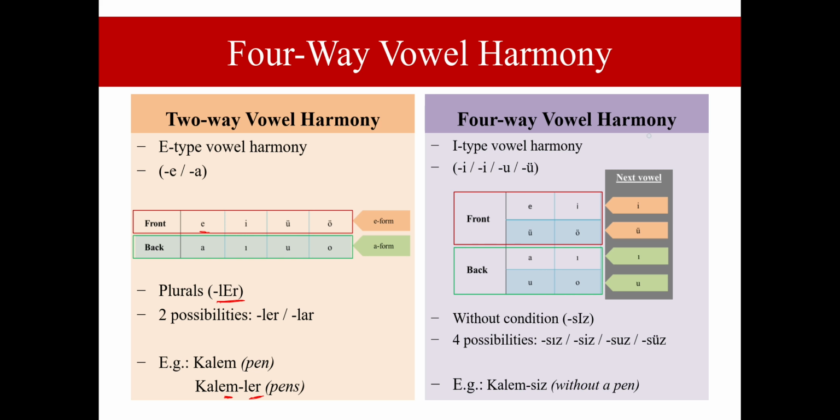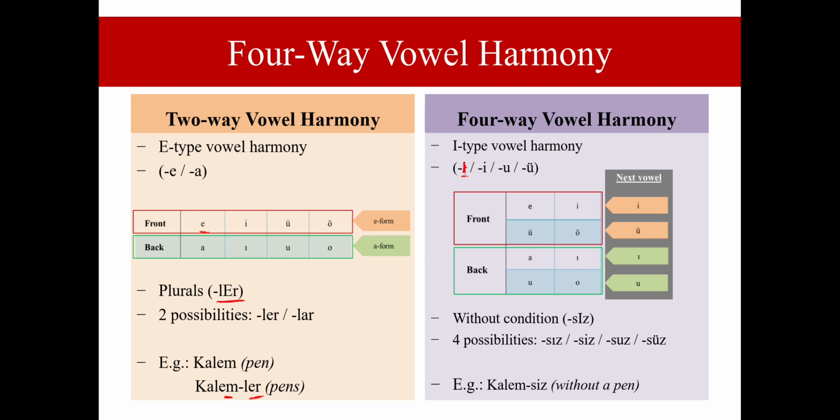For four-way vowel harmony, it is also known as the I type, and it gives you four options, as the name suggests. This is E, E, U, U. So if the last syllable of the word has E or I, you're going to use the I form.